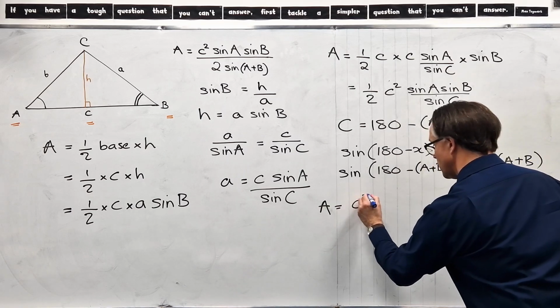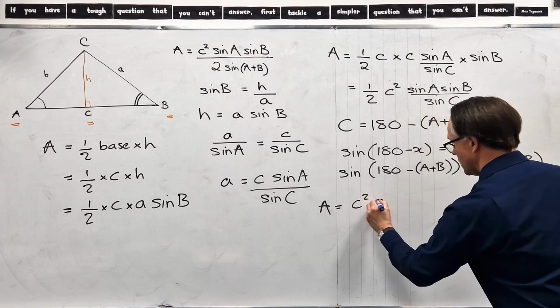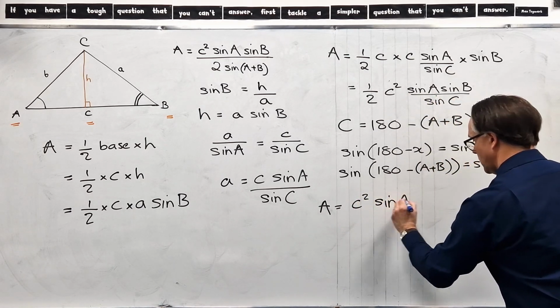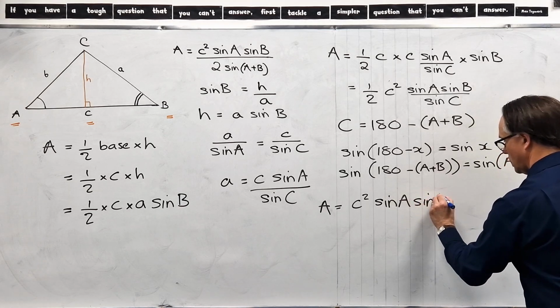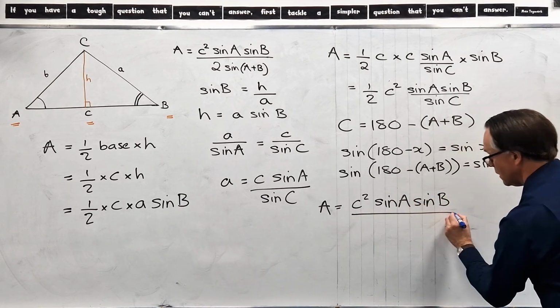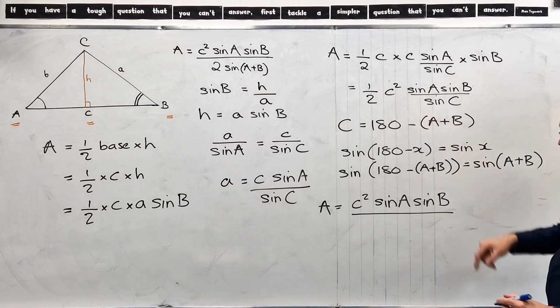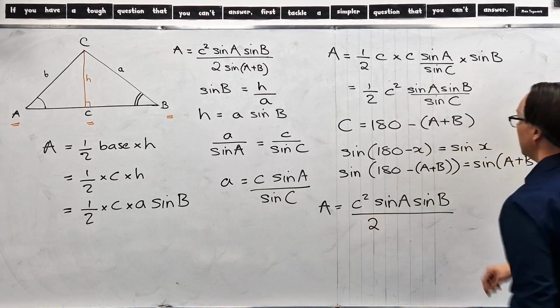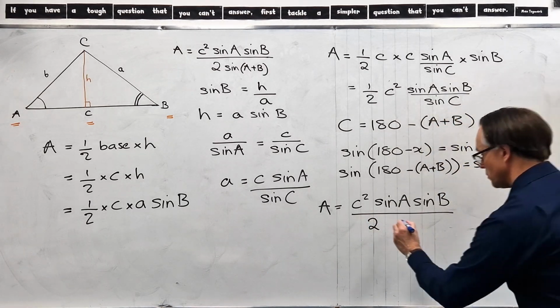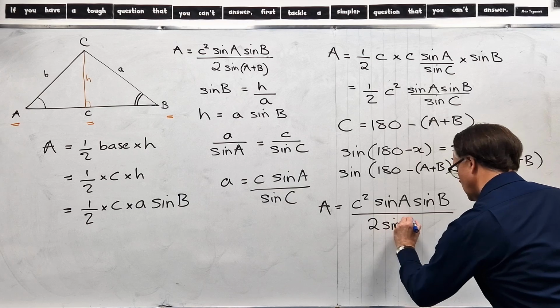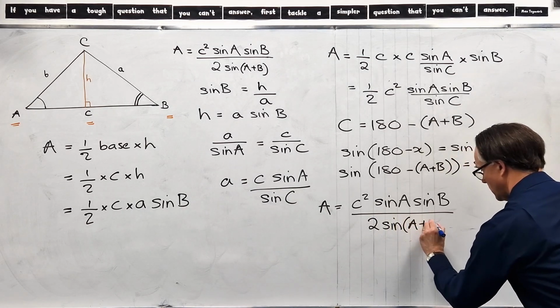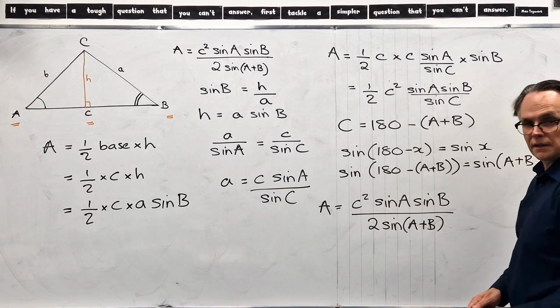So we end up with C squared sine A sine B, and then the 2 comes into the fraction on the bottom, and sine C can be swapped for sine of (A plus B), and that's it.